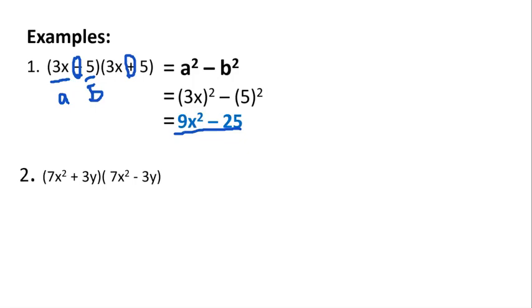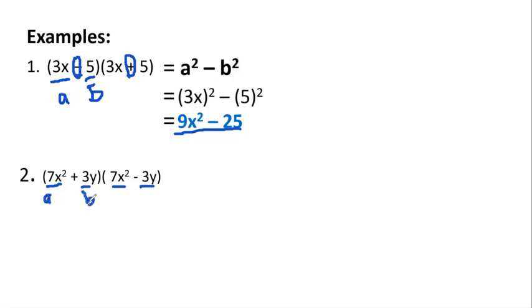Now, second example, we have here 7x squared plus 3y times 7x squared minus 3y. Again, the same yung values ni A, the same yung first terms, the same yung second terms, which is si B. So let us just label it.